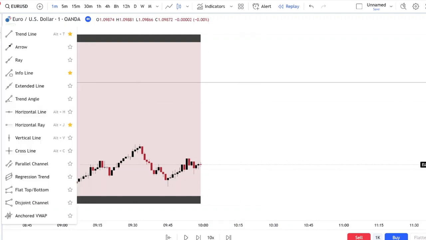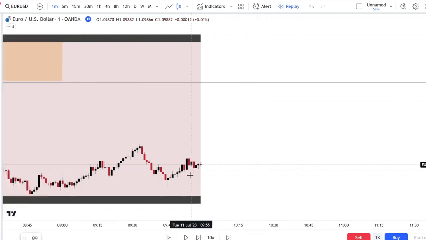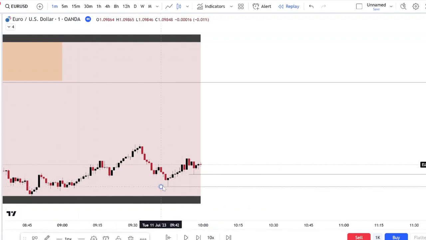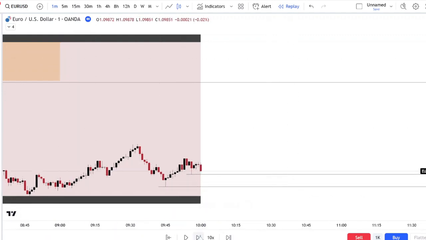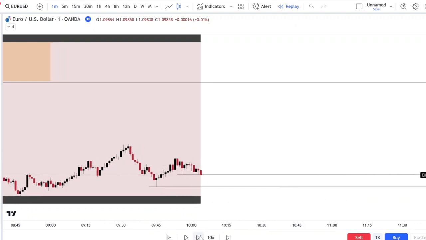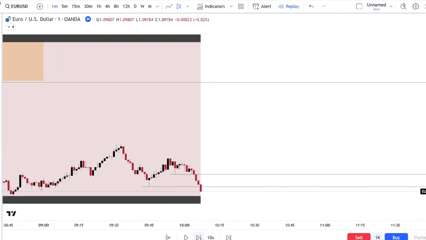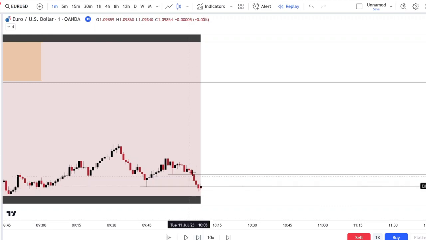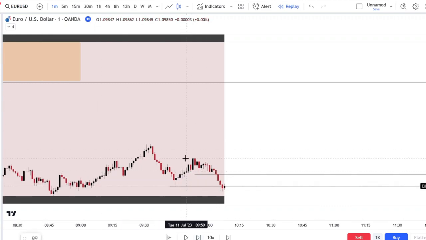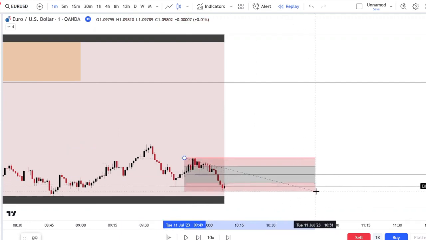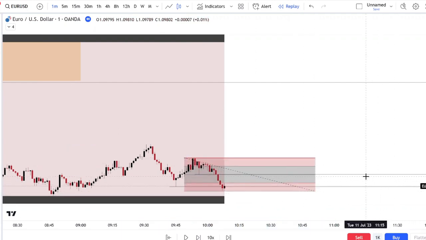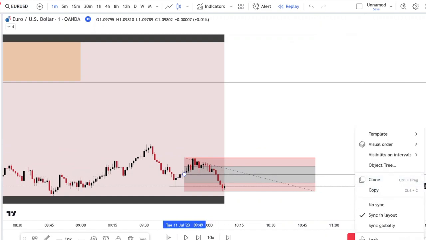So now I would mark out my swings. I have a swing here and I have another swing here. Okay, let's see if price comes back into the range. Okay, price came back into the range, and it would be exactly at our previous swing.